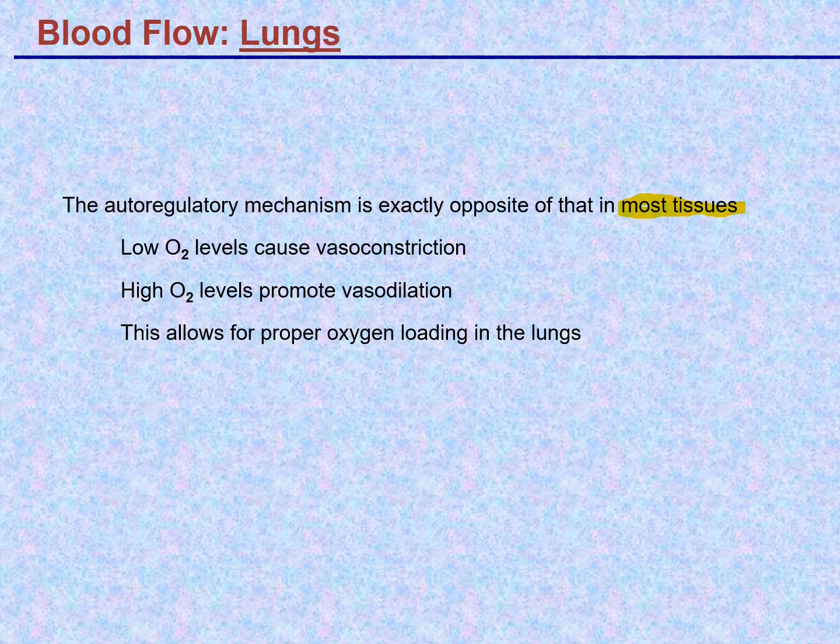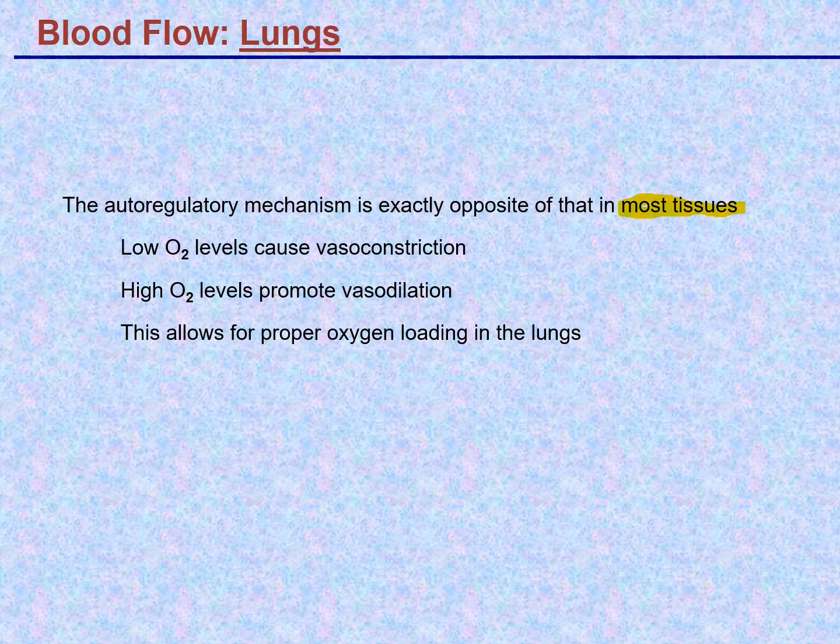Areas, as I said before, with low oxygen levels in the lungs, the fact that there's a lower oxygen level in that particular area of the lung will trigger vasoconstriction of the blood vessels going to that area. You don't want to send the blood there because it's not going to be able to pick up as much oxygen.